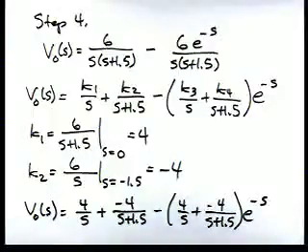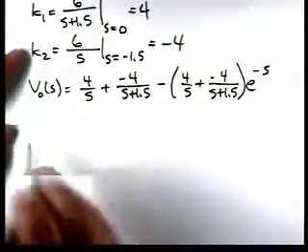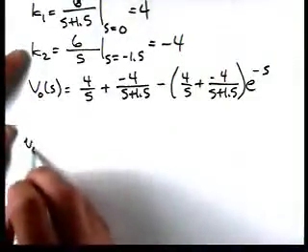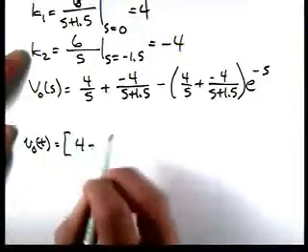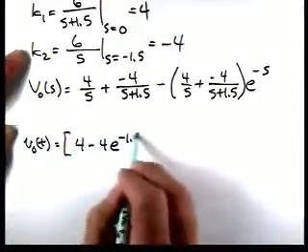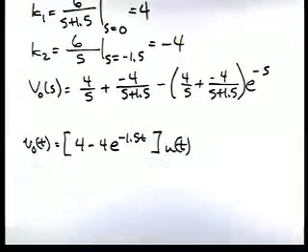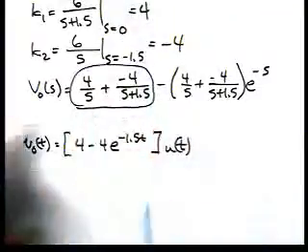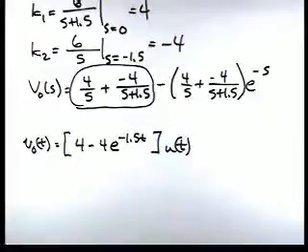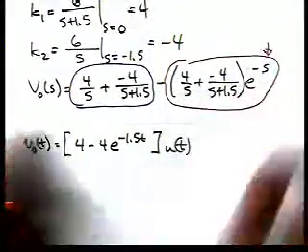So now, we get ready to do the inverse transform. For V0 of t, we'll have 4 minus 4 e to the minus 1.5 t u of t. That comes from this term. Now, from this term, this just indicates that there's a time shift.